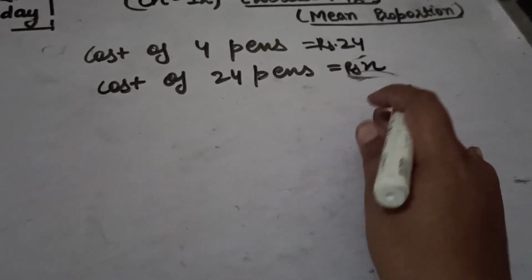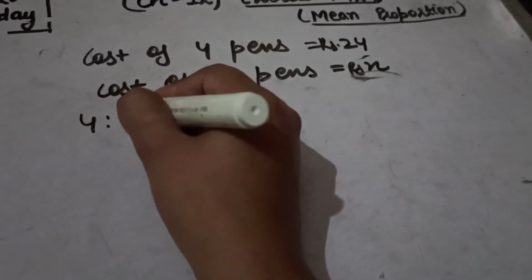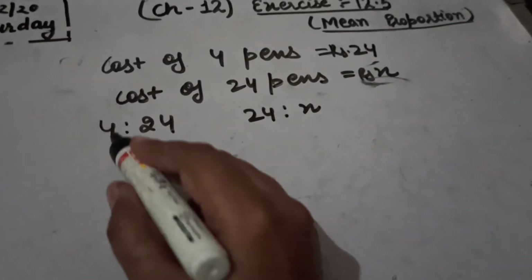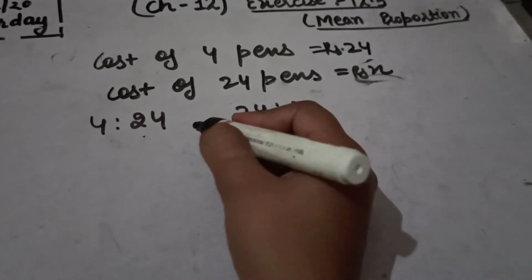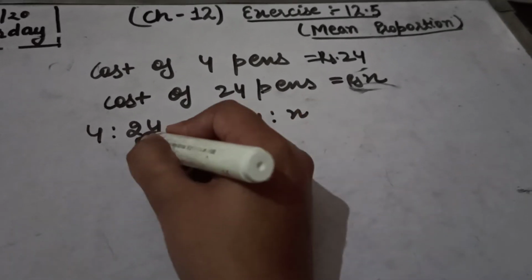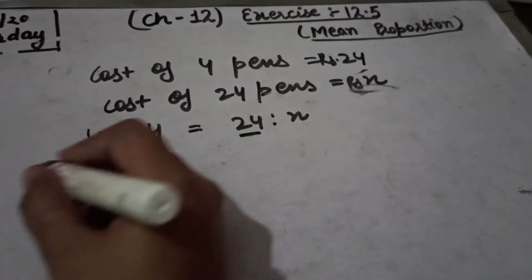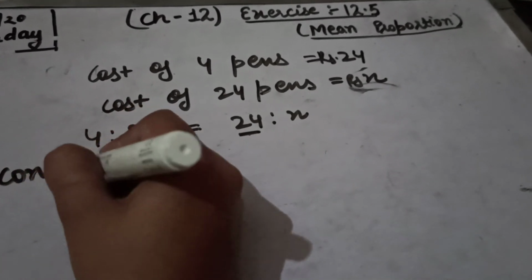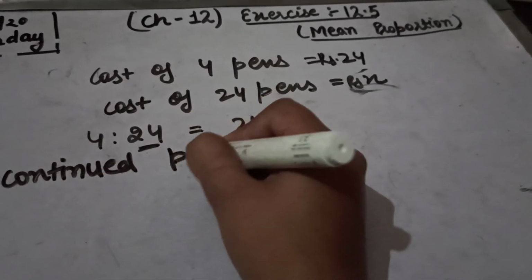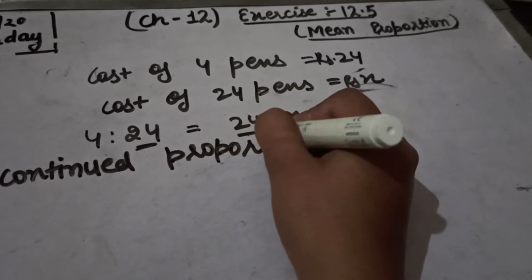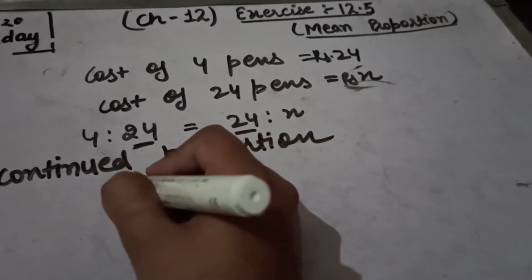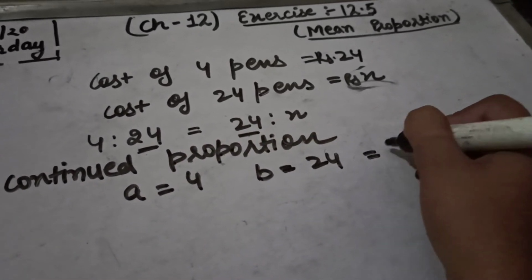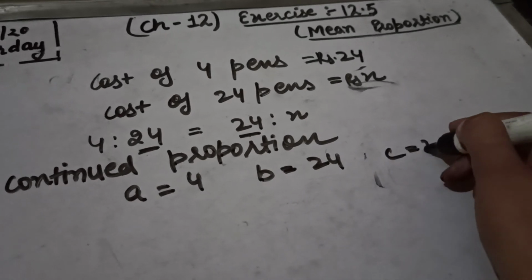So in proportion what will happen? See, in ratios what will happen? This is 4:24 and 24:x. Pen, cost. They are equal. So this becomes the mean proportion in continued proportion. A equals 4, B equals 24 and C equals x.